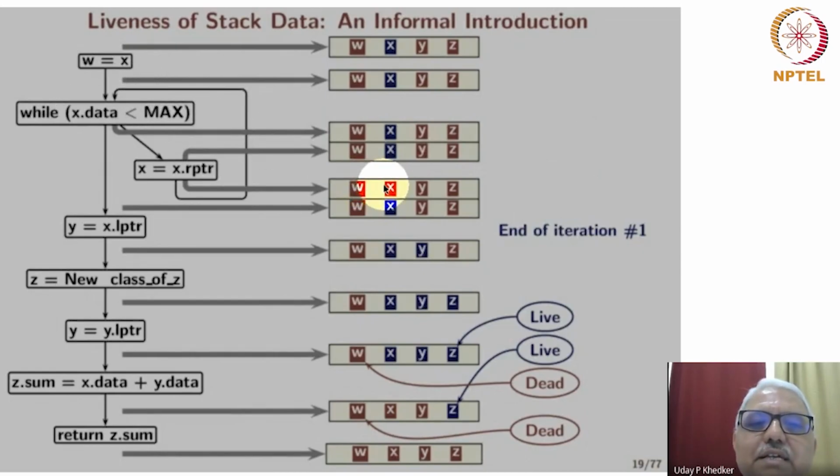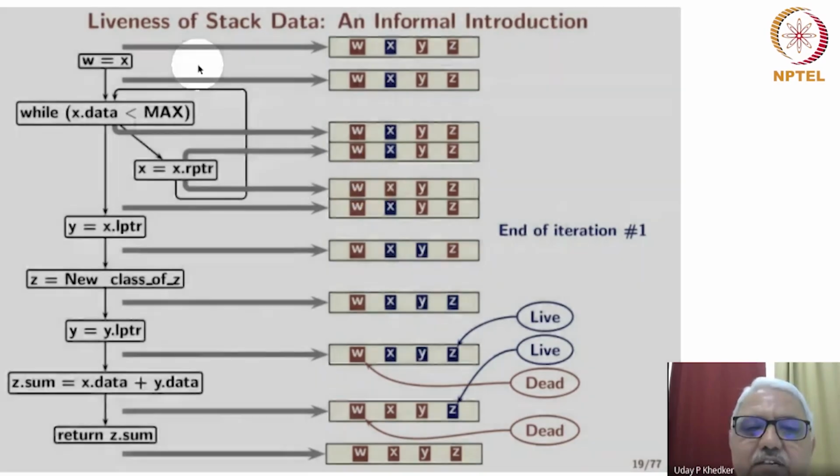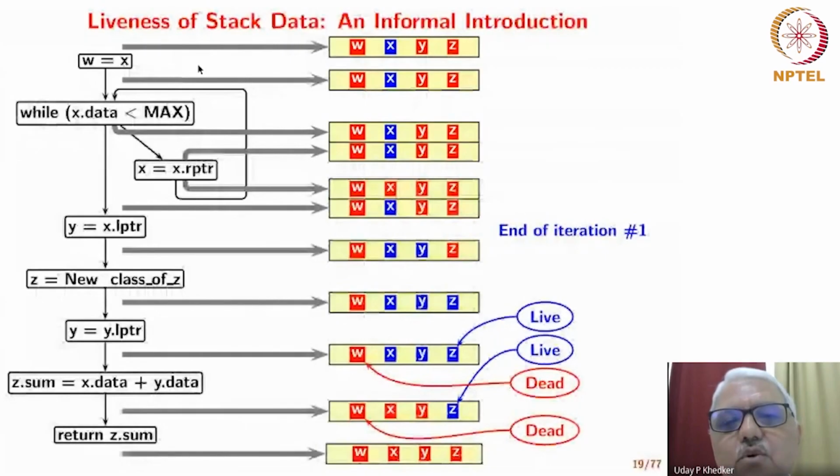So this is not consistent information. We have to somehow say that there is a path from this point onwards after which X is used. It so turns out that this path is a path in a loop, and we had not visited this node before, so we didn't have this information. Once we get this information, we need to adjust the information here and say that X is live. So we need to iterate over the program.